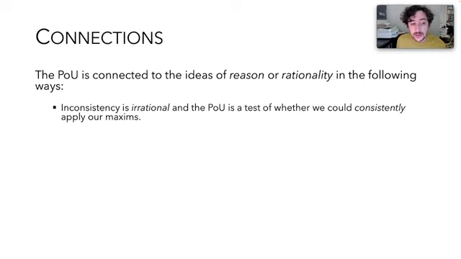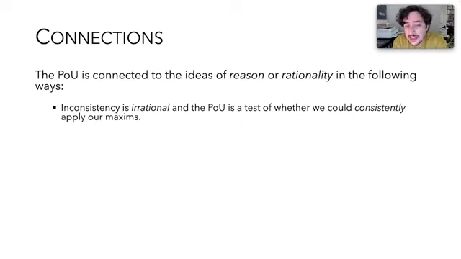So firstly, notice it's irrational to be inconsistent. You can be inconsistent in your beliefs. If you believe that something is both true and you believe that it's false at the same time, well, then you're being inconsistent. Now, even if you don't care about consistency, that is, well, if you have reason and you can think about these things, it seems like you're still being irrational regardless of what your goals and desires are. There's something irrational about inconsistency for its own sake.